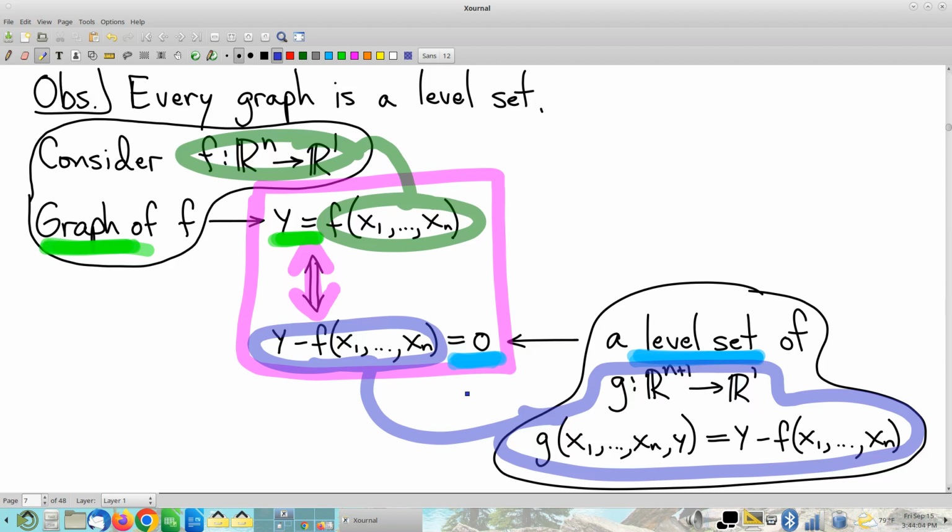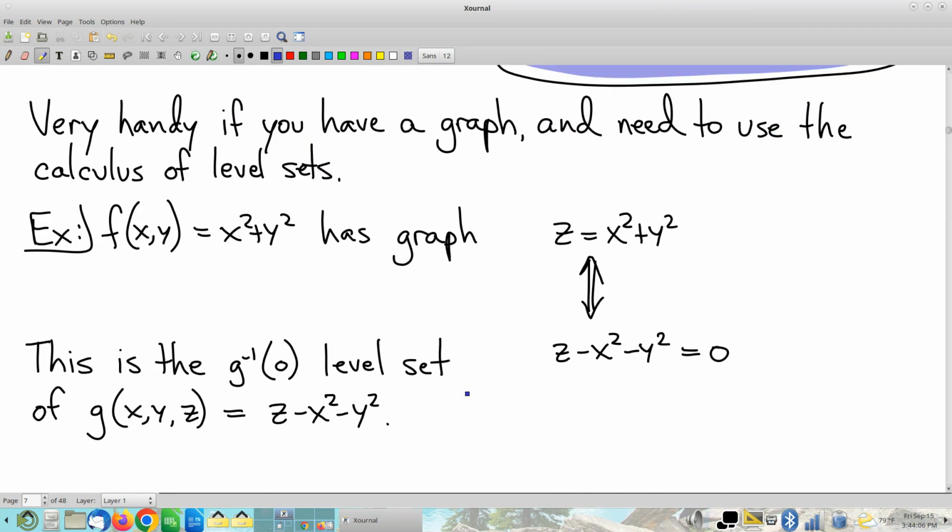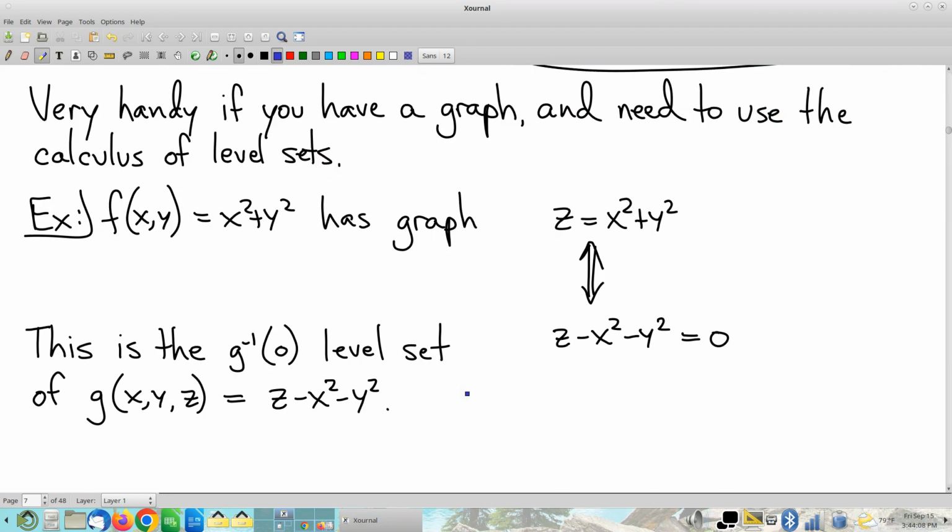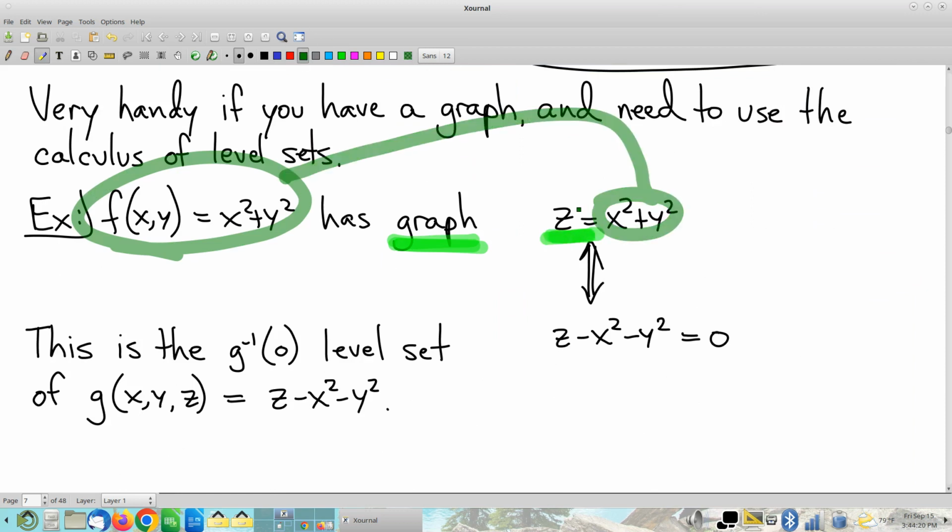Okay. All right, so let's see an example. Suppose I am given this function right here, and I want to look at the graph of that function, which again, I form by setting its output values equal to a new variable z in this case, arbitrarily. And I want to learn something about this graph. Now, of course, I can apply the calculus of graphs to this function.